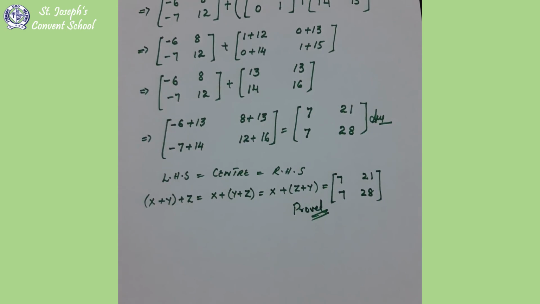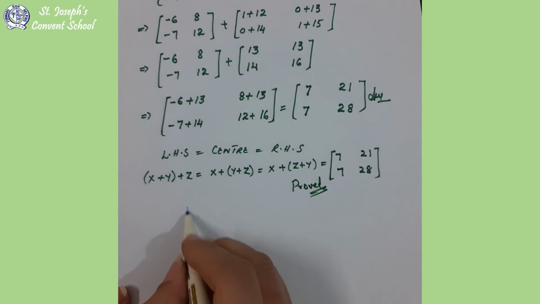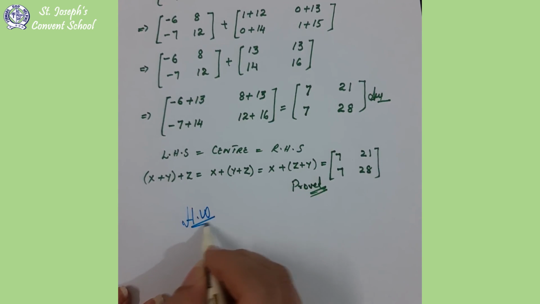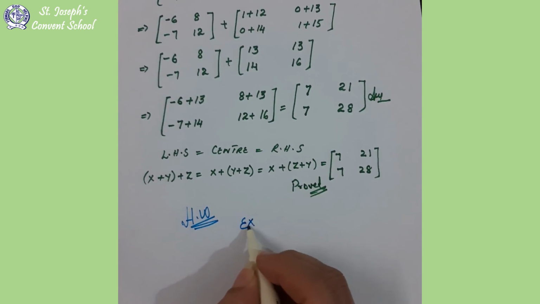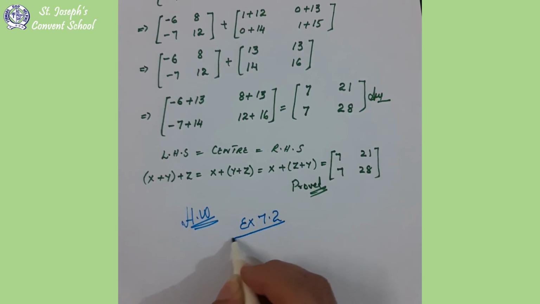Same way you'll do question number 16. Your homework is to do the remaining questions of exercise 7.2. Question number 1, 2 and 3, you have to find if they are equal or not.